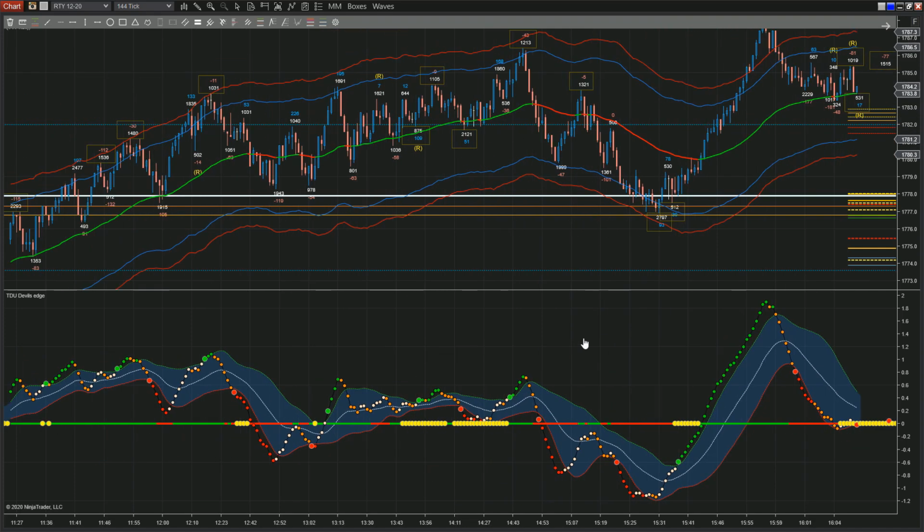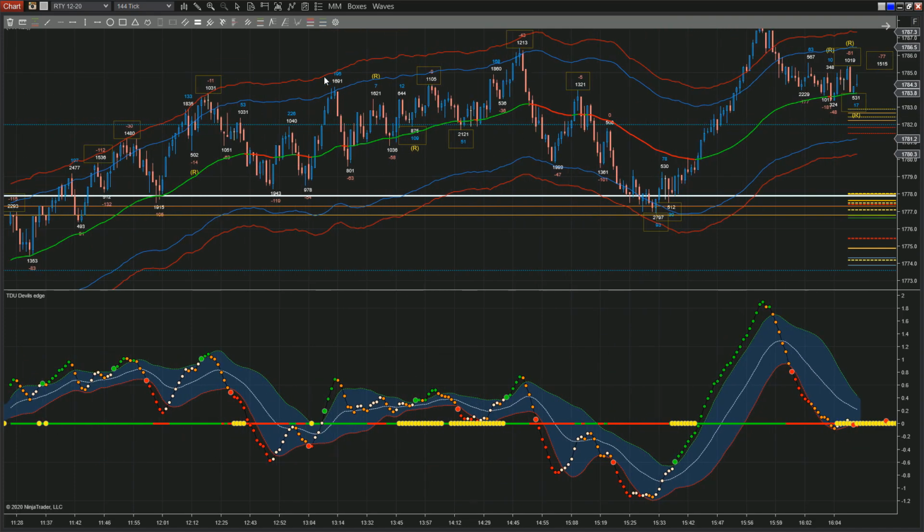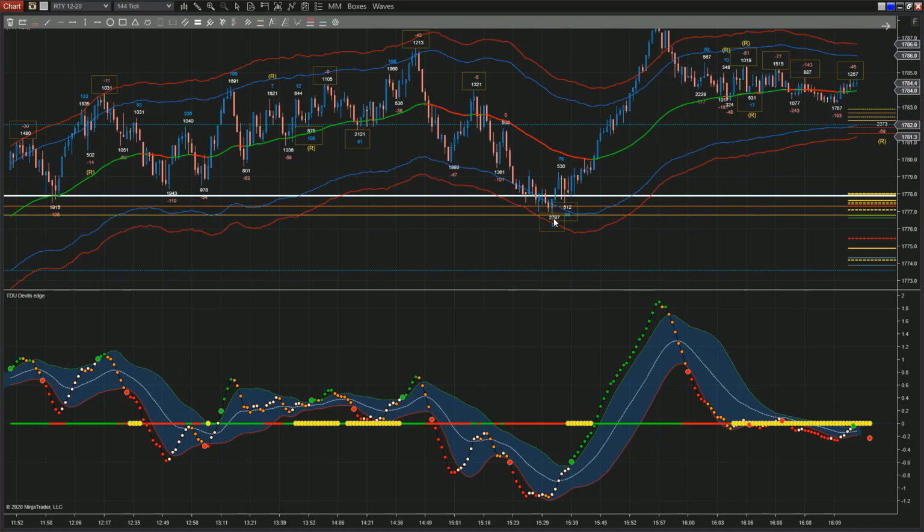Again, I would strongly encourage you to watch the video that deals with the individual components of the order flow tool suite. I've pulled out one of the tools, the delta volume waves, so I can see what's going on intra-bar in the battle between buyers and sellers when I get to these pivots.